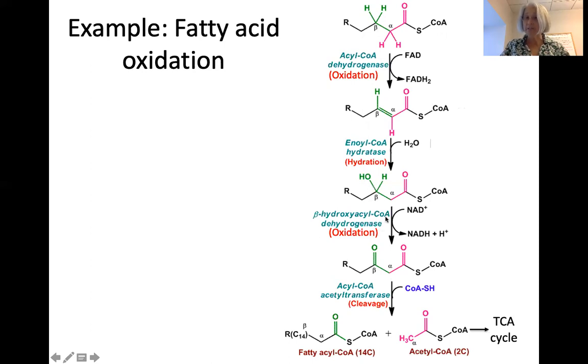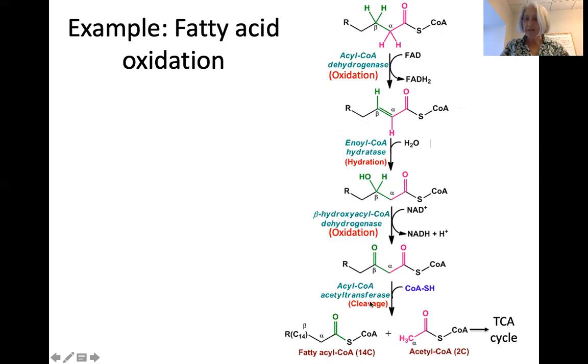The third step is catalyzed by another dehydrogenase. It's another oxidation step. And this dehydrogenase uses NAD as a cofactor. And now we see that the beta carbon has been essentially fully oxidized to a ketone.